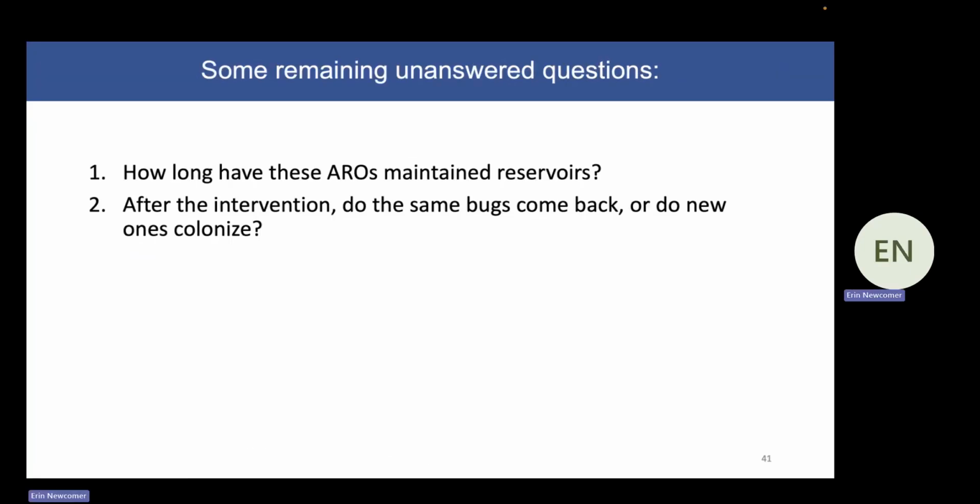At this point, we have just a few remaining unanswered questions. We've seen that these AROs can be reduced by the intervention, but what we don't know is how long those specific AROs have been maintaining their reservoirs and potentially coming back after the intervention.